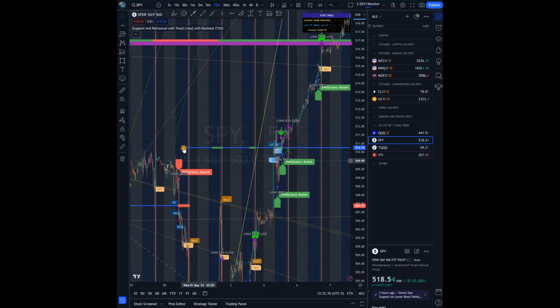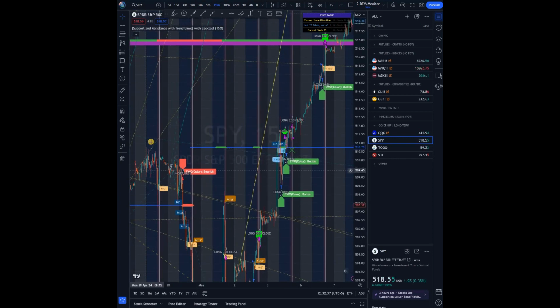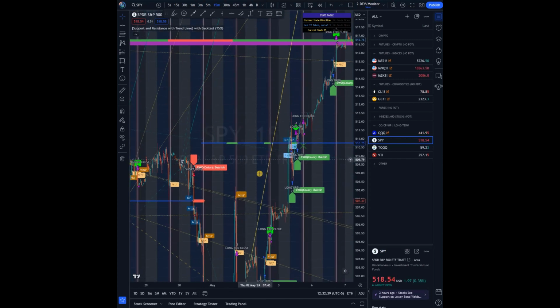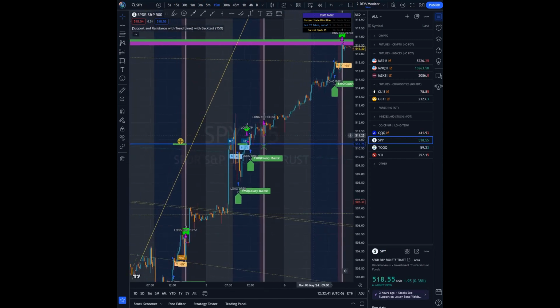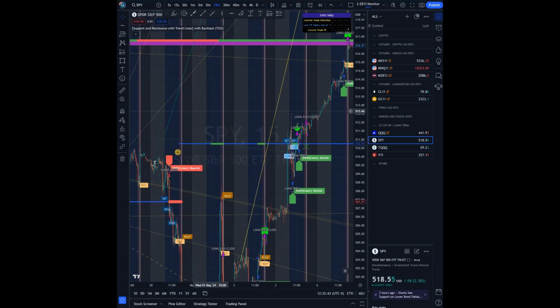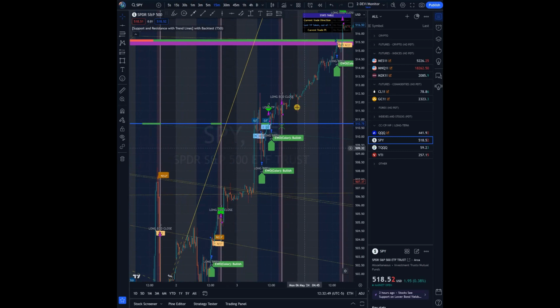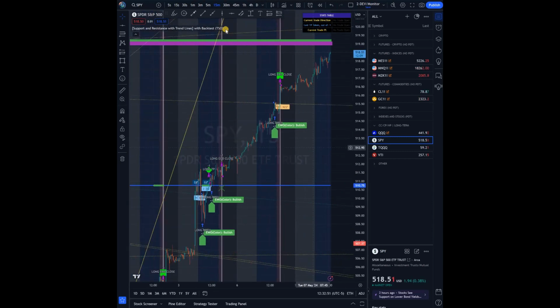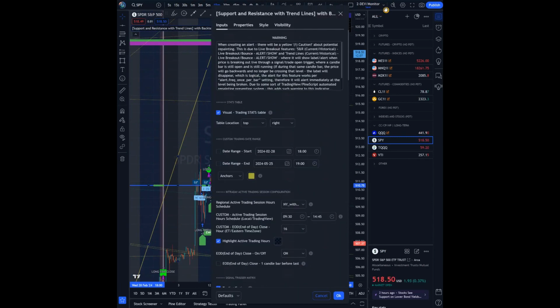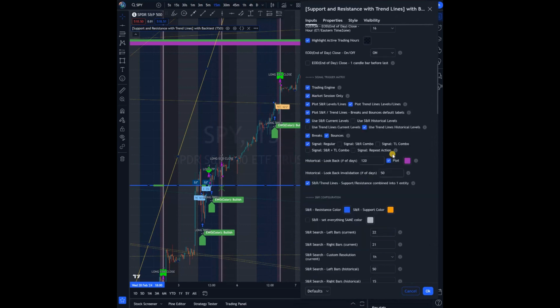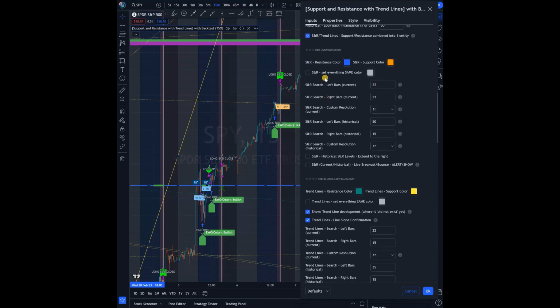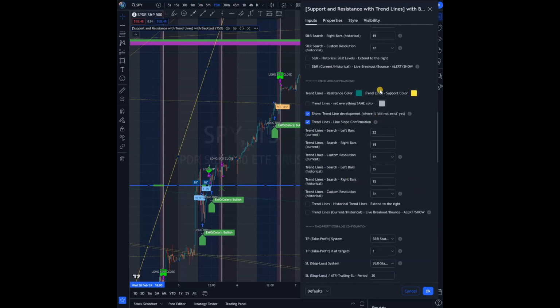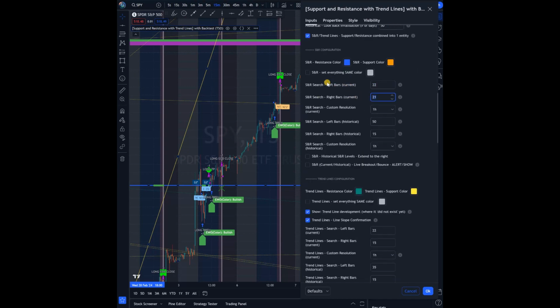For example, it has to be at least 20 bars down to be considered a big pivot point. The same goes for trend lines: the bigger those numbers, the more significant the levels.